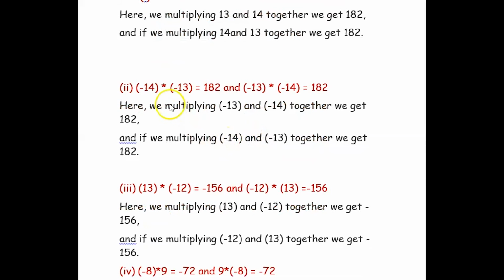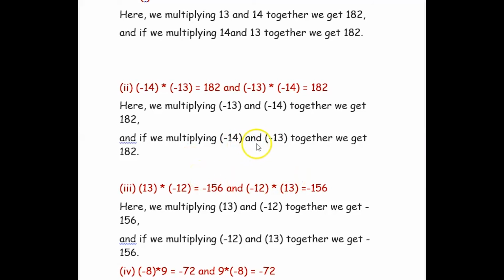Next example is negative 14 into negative 13. So here we are multiplying negative 13 and negative 14 together. Here two negative integers, so if you multiply two negative integers, our result will be positive. So 13 into 14 is 182. Similarly, if you multiply negative 14 and negative 13, the reverse, that is B into A, here also you have two negative integers, so the product will be positive after multiplication.